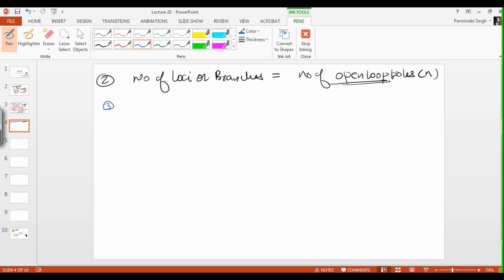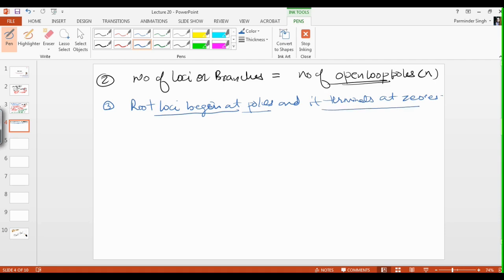Rule number 3 says root loci or root locus begin at pole and terminate at zeros. That means root locus starts at a pole, it will always start at a pole, and it will terminate at a zero. Now let me explain with this.